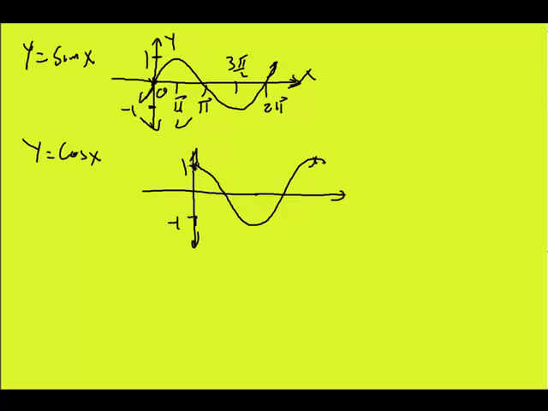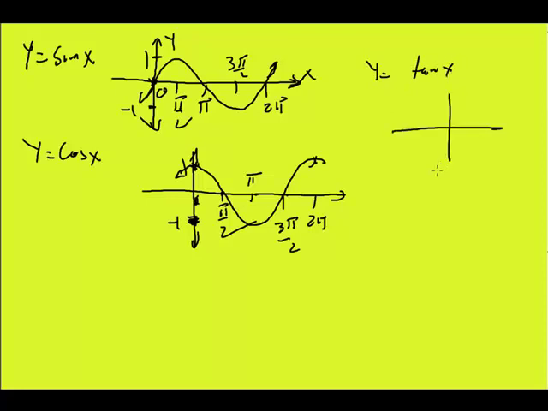From here to here, that's my 0 and that's my 2 pi. In the middle of that is going to be pi. That's when it's going to hit the negative 1. In the middle of that is going to be pi over 2. In the middle of that is going to be 3 pi over 2.